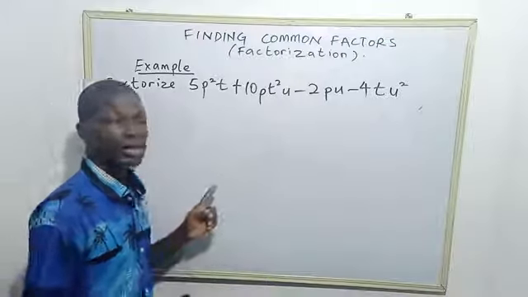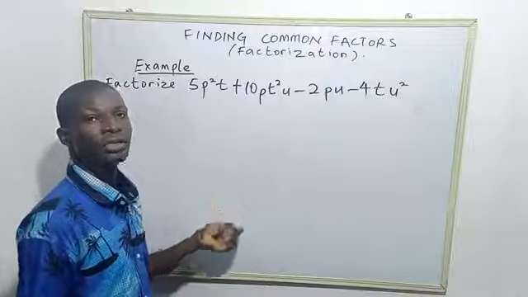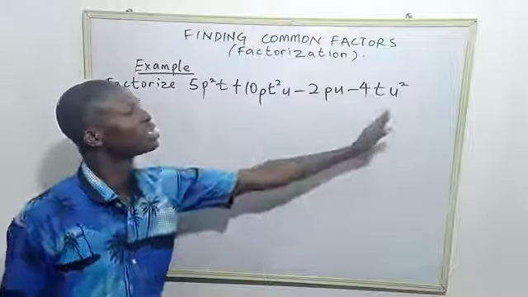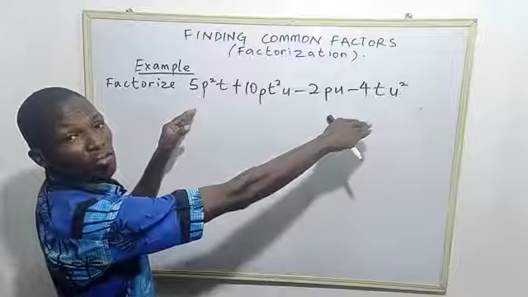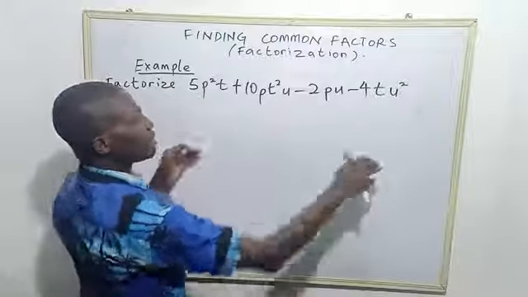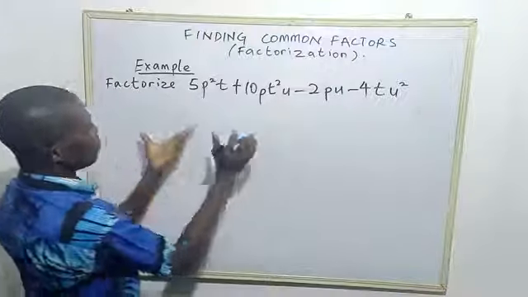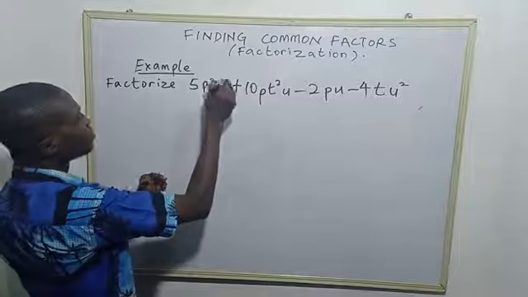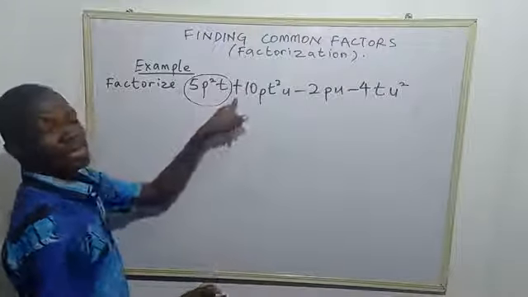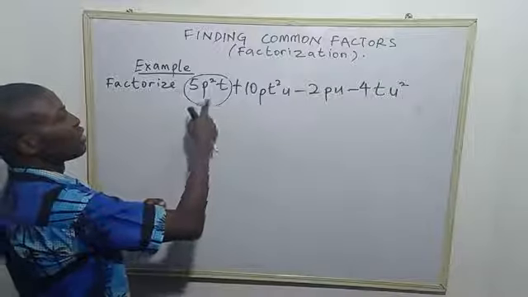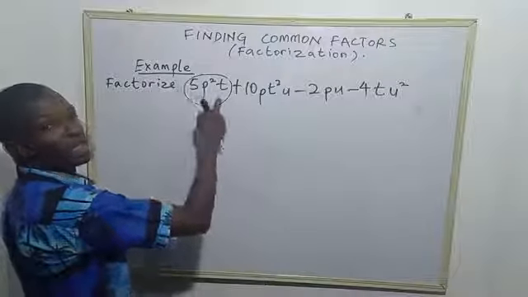Number one, please identify your terms. All these ones, they have their terms. It's an expression, a long one for that matter, but let's find the terms. This is a term, okay? And you will notice that this plus is not going with this 5p squared t.